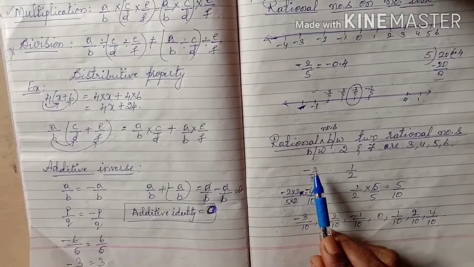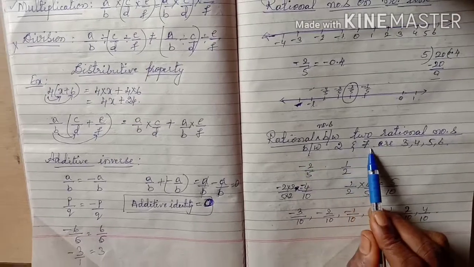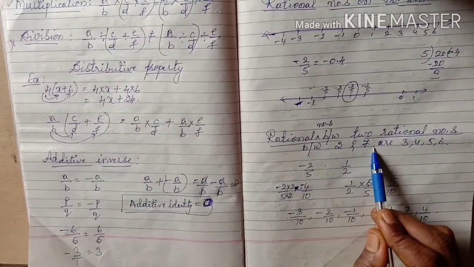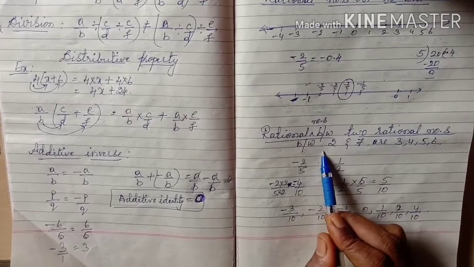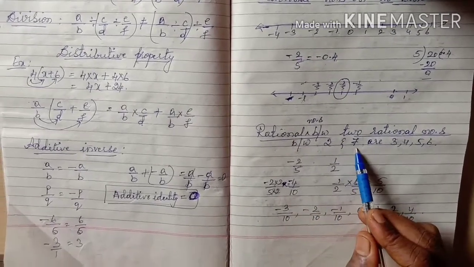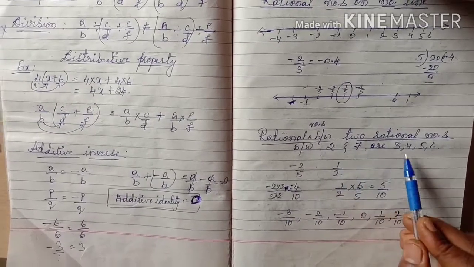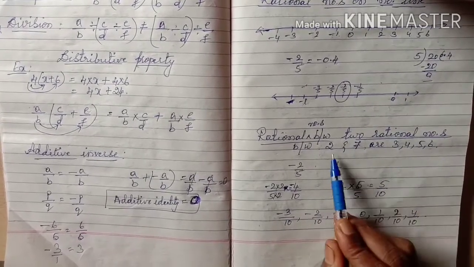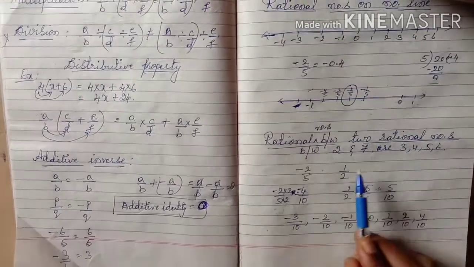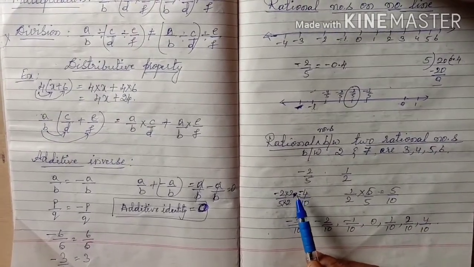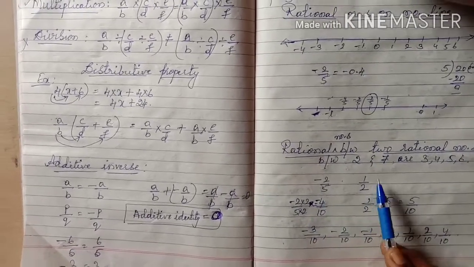Let us find rational numbers between 2 and 7. 2 and 7 are rational numbers only. Yes or no, children? So between 2 and 7, 3, 4, 5, 6 are the rational numbers.